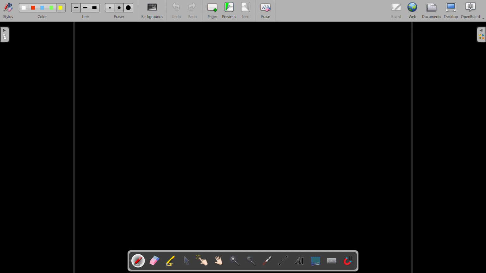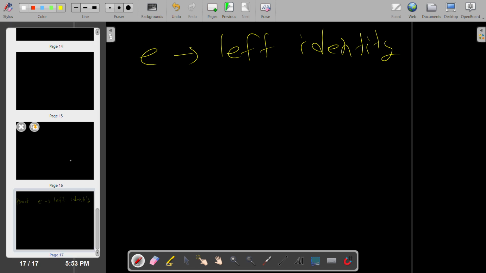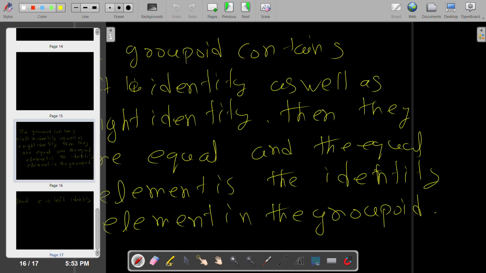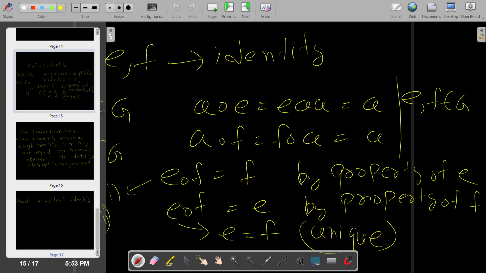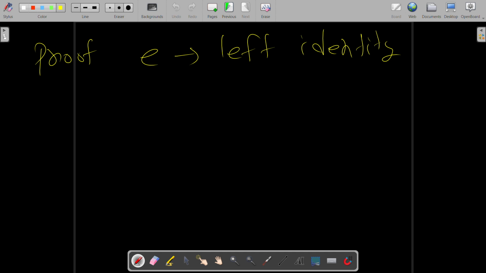For this proof, we first assume E is the left identity and F is the right identity.